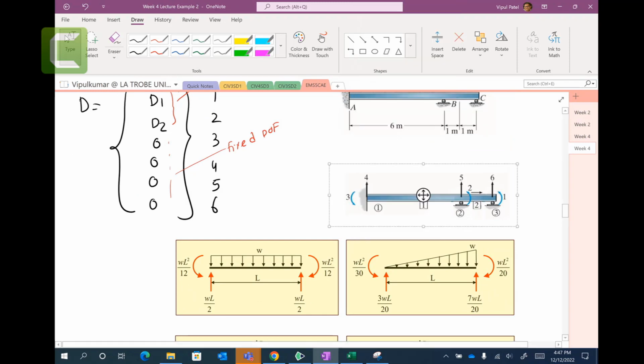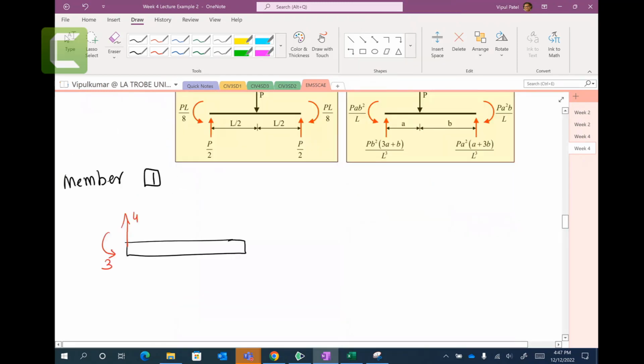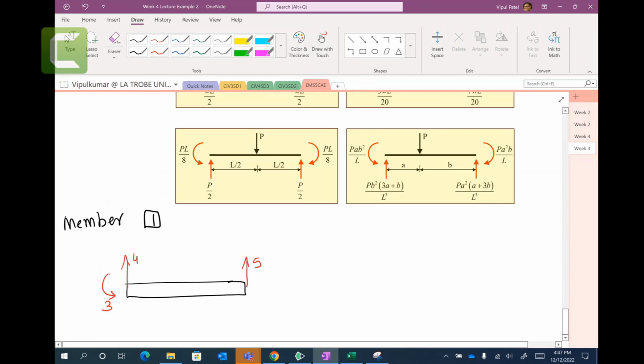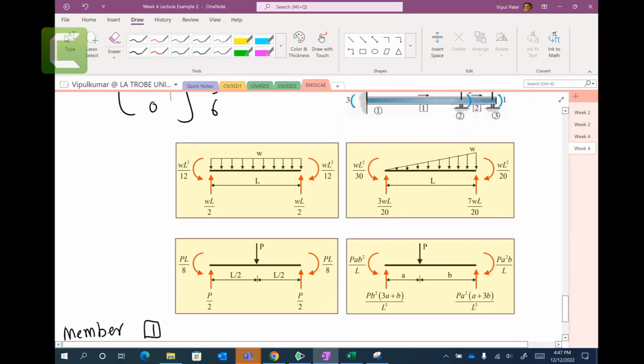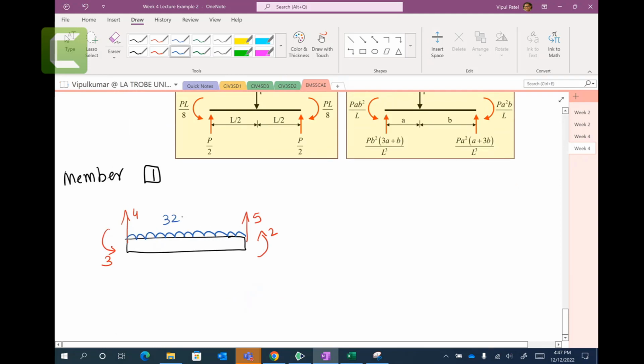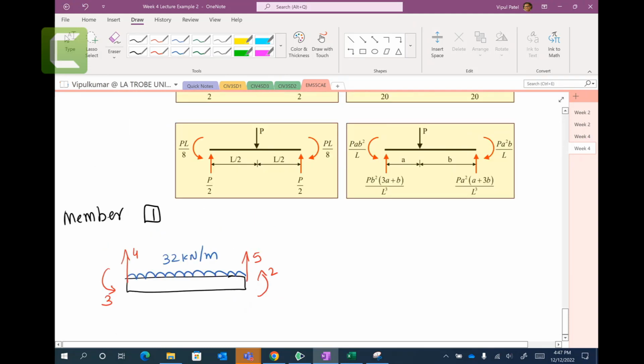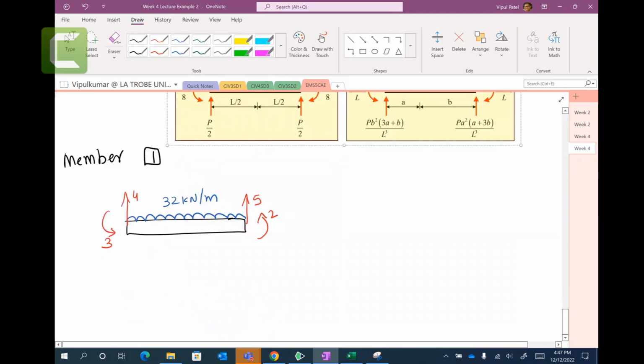And 5 and 2. So this one 5 and 2 going this way. And it has a load of 32 kilonewton per meter. And the length is 6 meters.